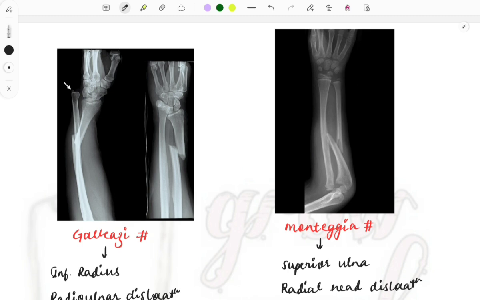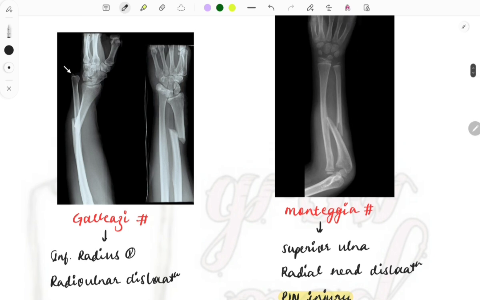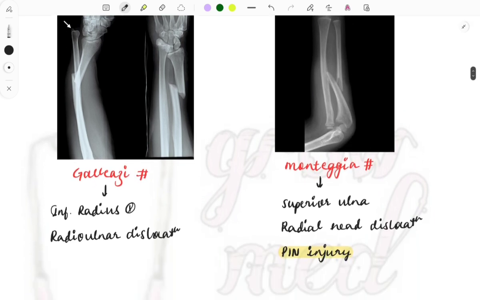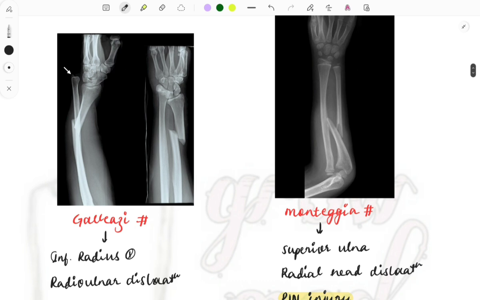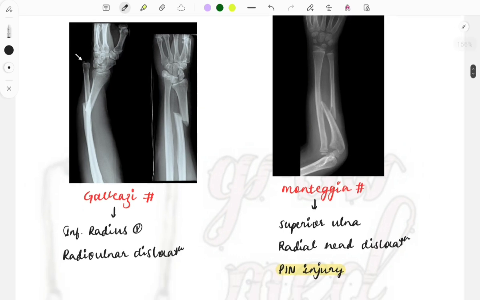So it will be the Galeazzi fracture. If they ask what happens in the Galeazzi fracture, there will be inferior radius involvement and radio ulnar dislocation. Then the next image, the Monteggia fracture. In the Monteggia fracture, the superior ulna is fractured and there is radial head dislocation.